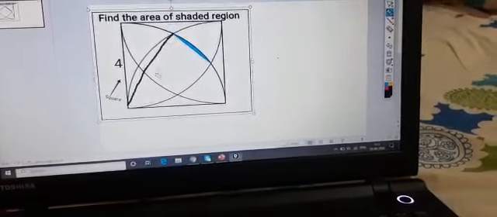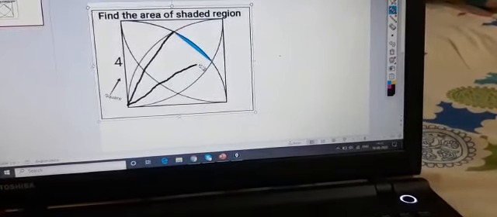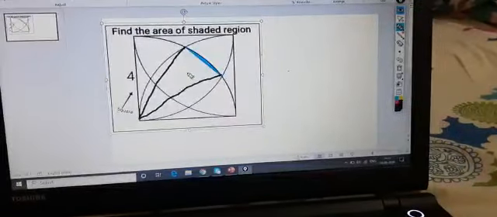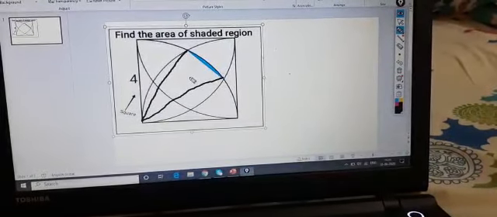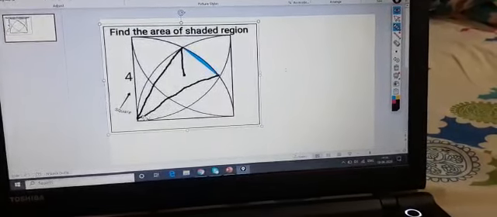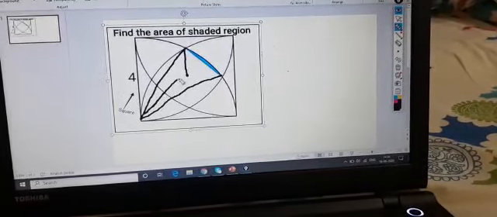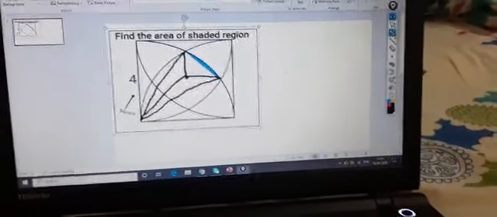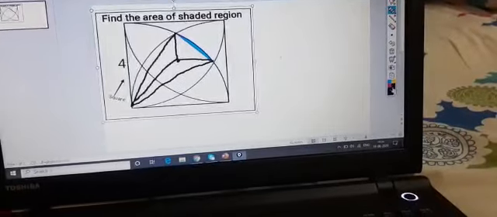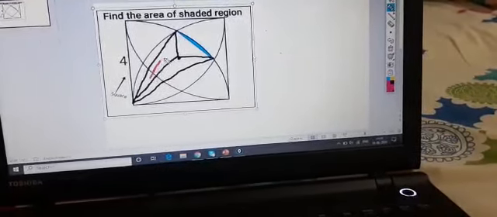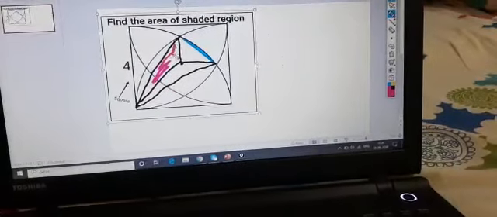I would like to join these parts as we did earlier. Here I would like to draw a dot, this and this and this. So let me just take a blue different color. So can we find area of this part?